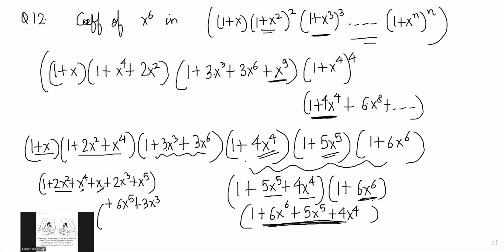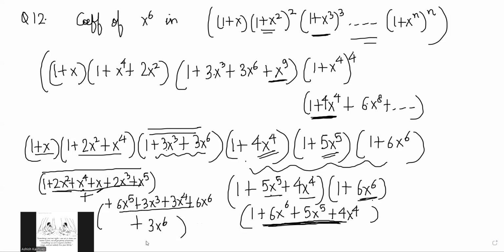We get a 3x power 4 and we'll get a 6x power 6. And this can only be done with a plus 1 3x power 6. So basically I'm multiplying this with this and only selecting those powers which are lesser than or equal to 6. So overall this whole expression is this sequence plus this plus this.